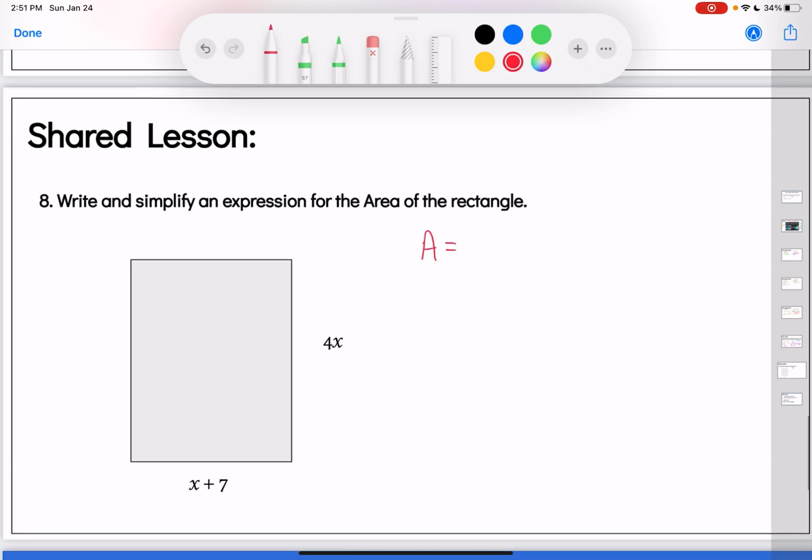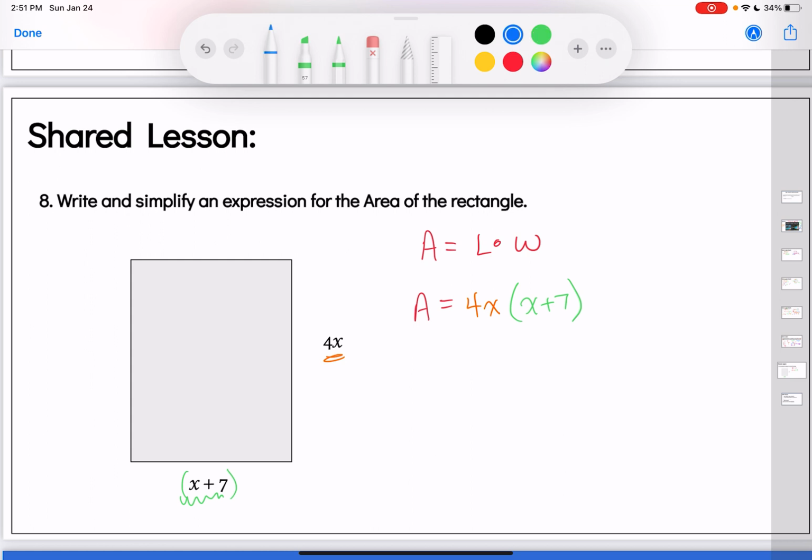Remember, area is just length times width. So in this case, area equals 4x, that's a monomial, right, times x plus 7. Now this is a polynomial. There's more than one term, so you have to make sure that you put that x plus 7 in parentheses.